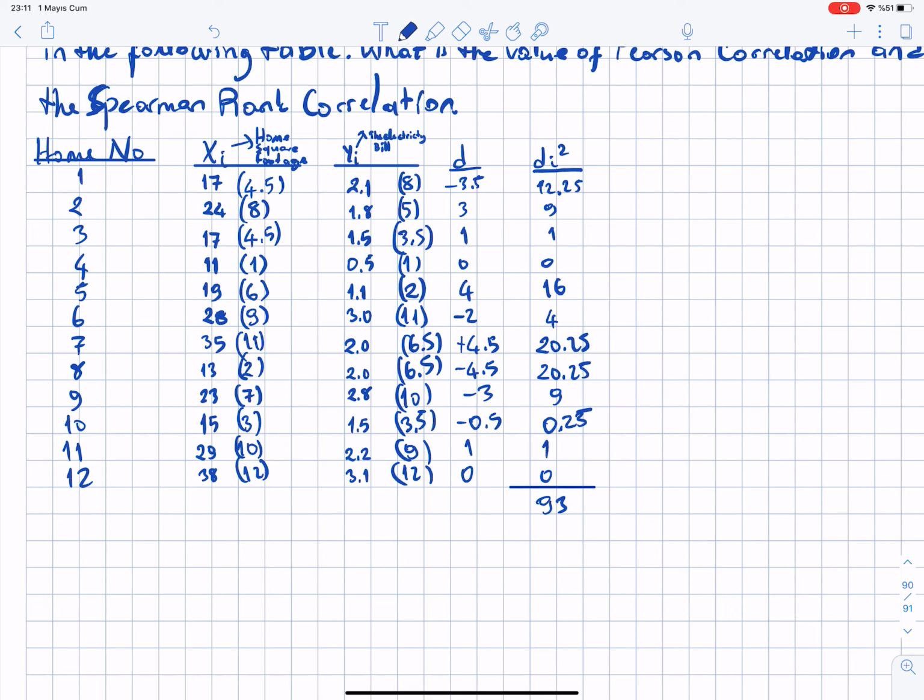The Spearman correlation equals 1 minus 6 times 93 divided by 12 times 144 minus 1.